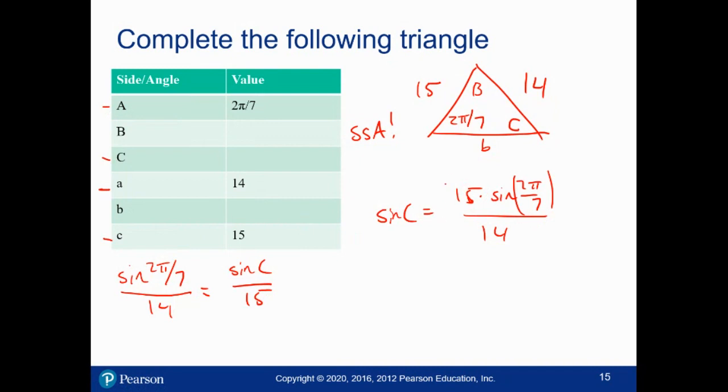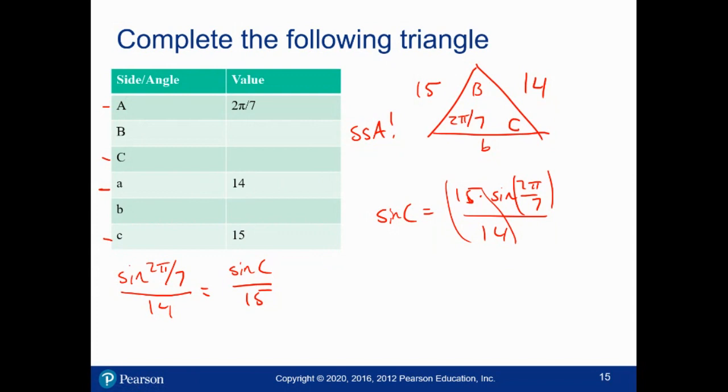I'm quite confident it isn't, because 15 over 14, while it's bigger than 1, it's not bigger than 1 by very much. And I don't think the sine of 2 pi over 7 is so close to 1 that multiplying by 15 over 14 would make it bigger than 1. I think there will be a possible solution there.